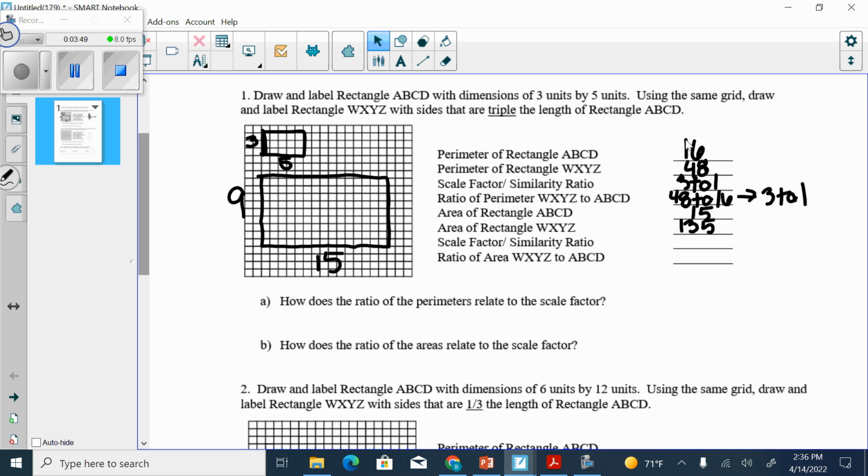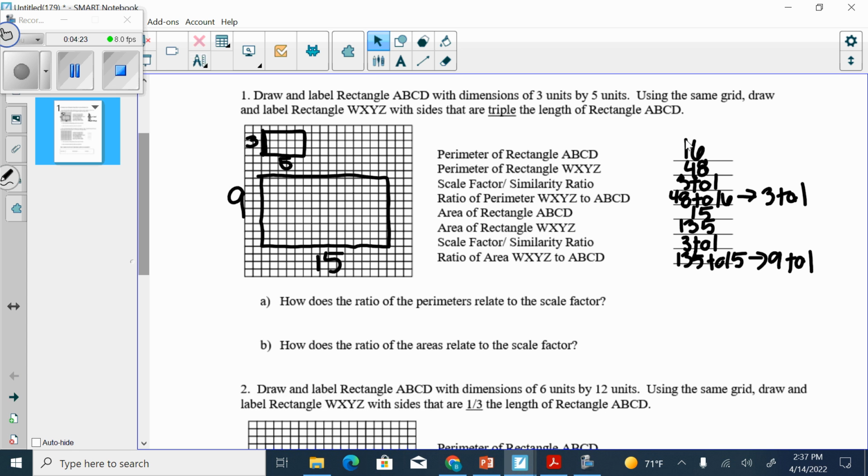Alright, so now they ask for the scale factor or similarity ratio, which again would be 3 to 1, because that's what we increased our side lengths by. But the ratio of the area is 135 to 15. And what is 135 to 15 going to simplify to? What would we say? 9 to 1.